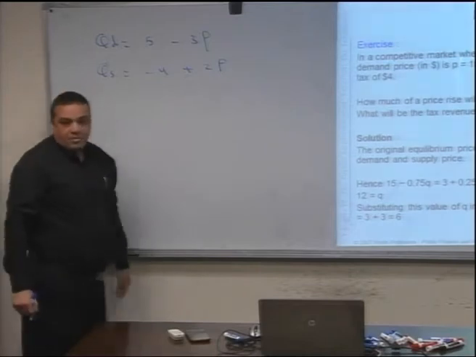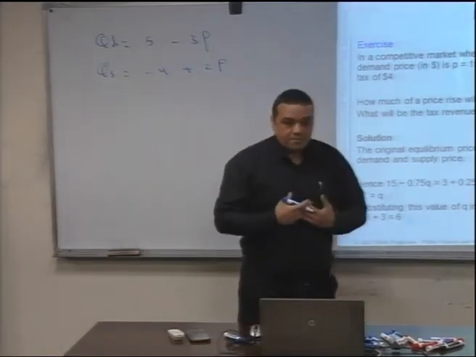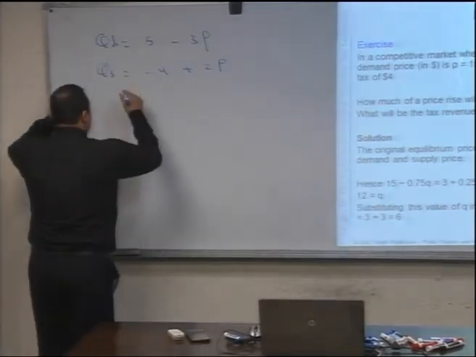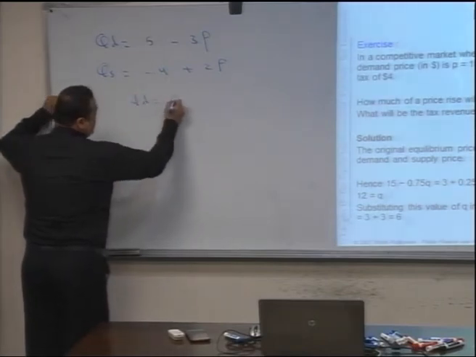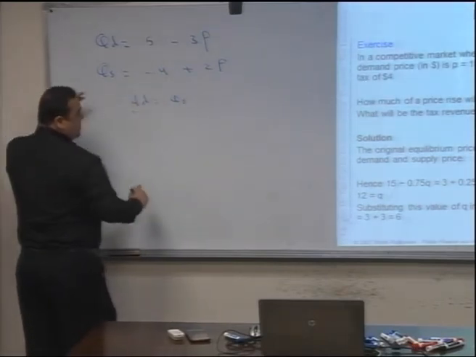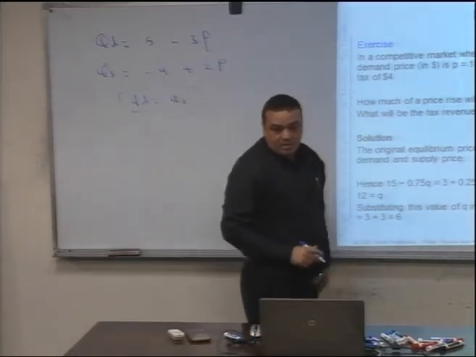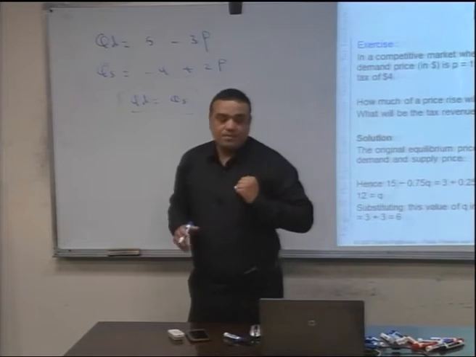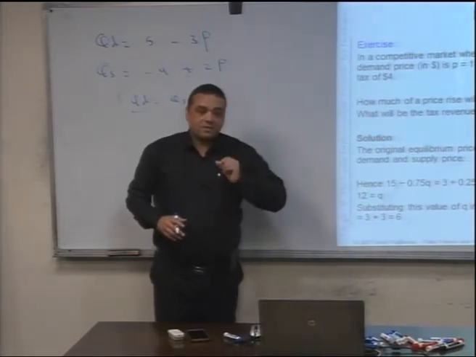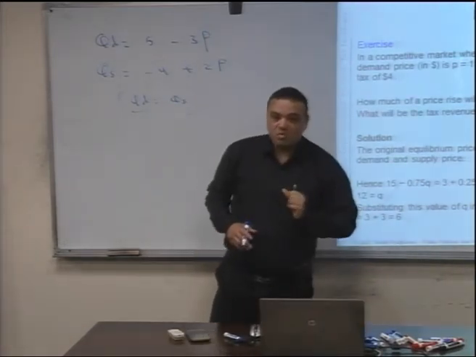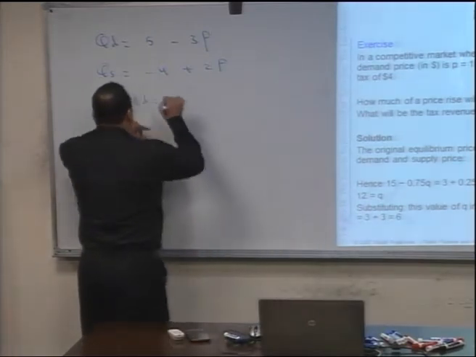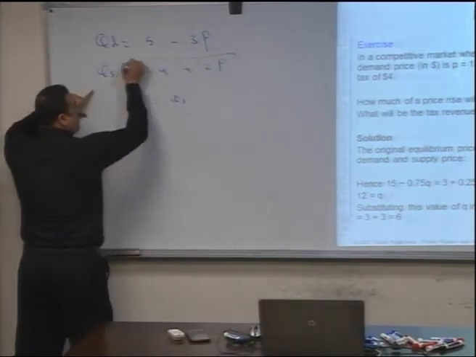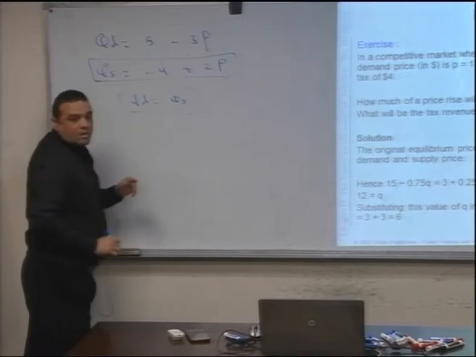To determine the equilibrium, we set QD equals QS, and then we can calculate the equilibrium price and equilibrium quantity.